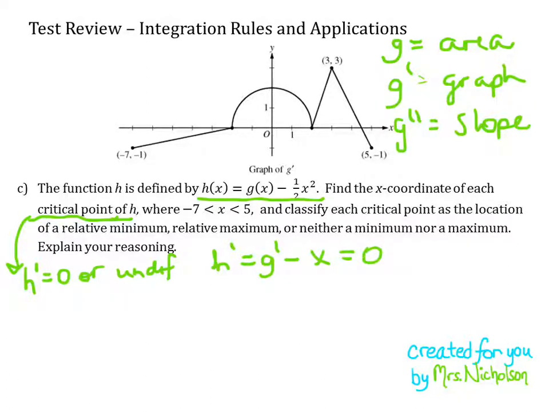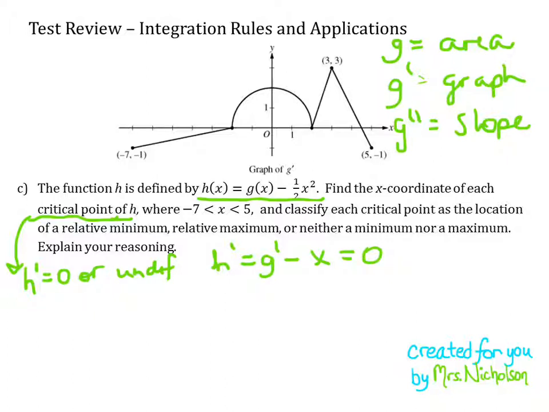Now let's consider undefined. g prime is my graph, and is my graph ever undefined? No, because they told us originally that it is defined and differentiable on this interval that we're looking at. And then, of course, x is never going to be undefined because x is just a linear expression. So we don't have to consider undefined, but we are concerned with g prime minus x equal to 0.